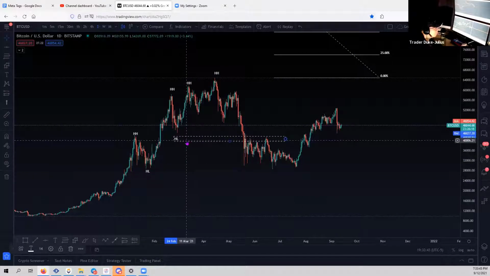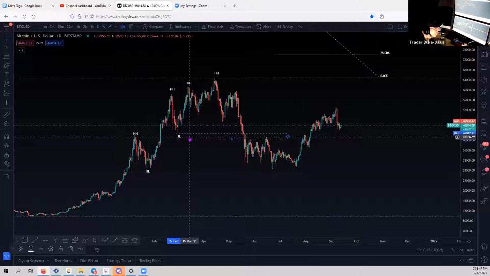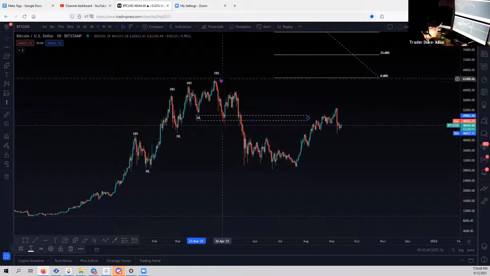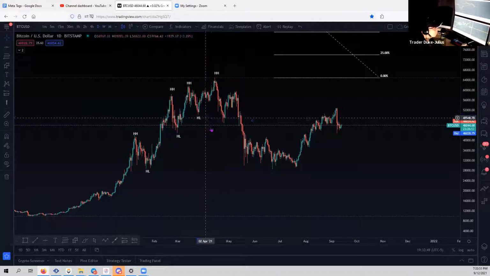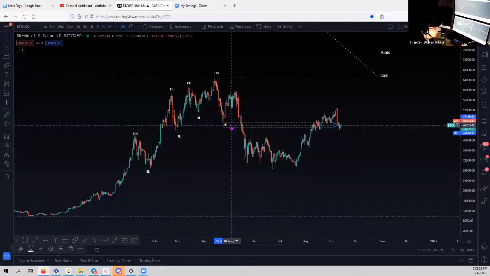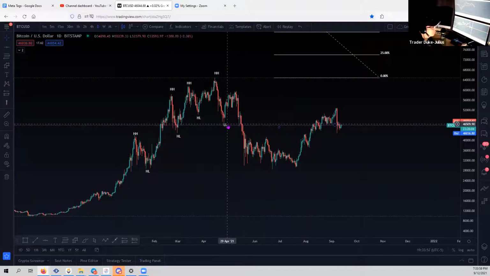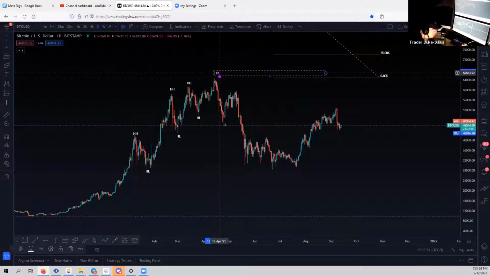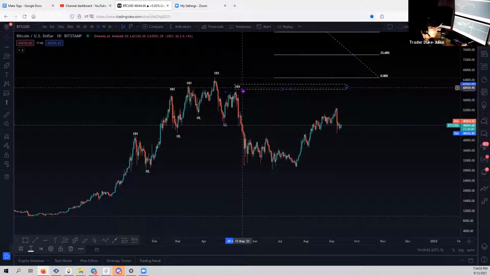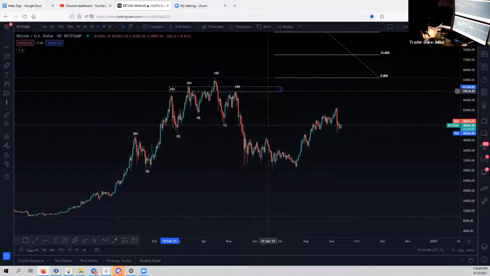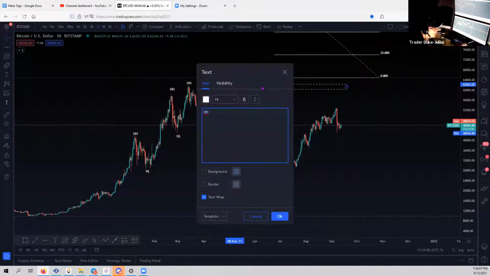Our low. Our low. We have lower low here, right? This here is a lower high. Again, we are looking at the daily chart.